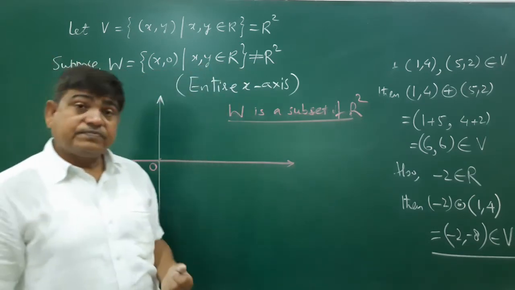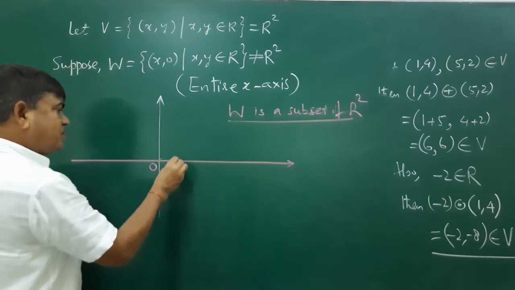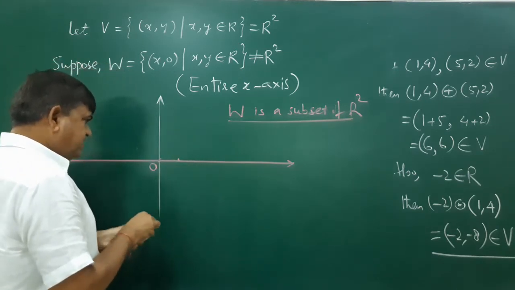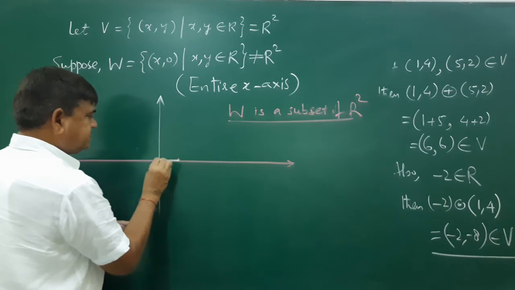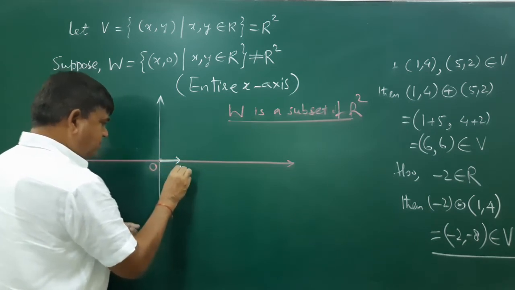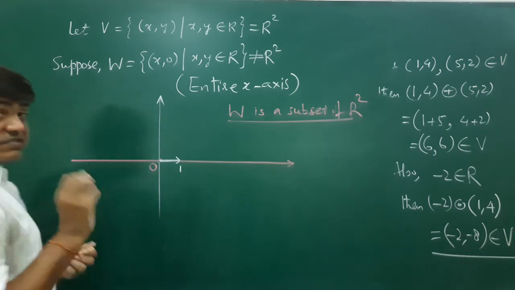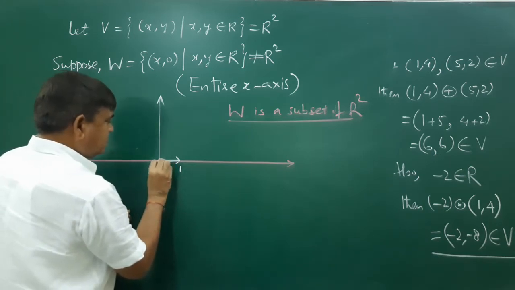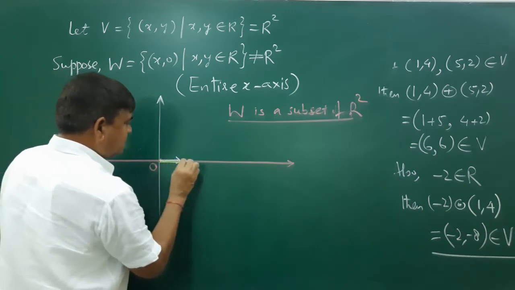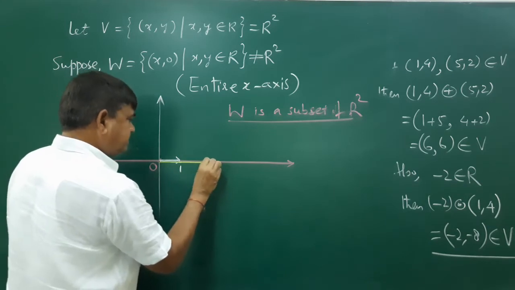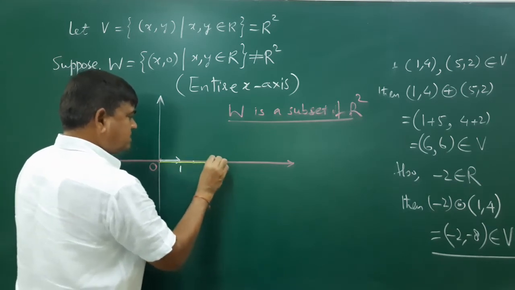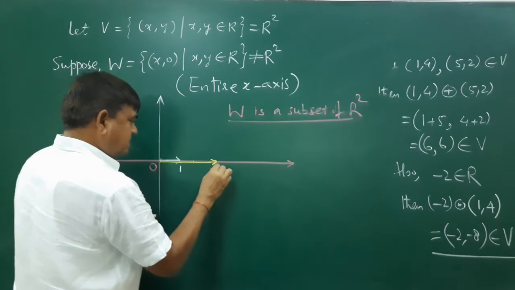Now the operation: you consider any 2 points. Suppose I consider one is this, here it is 1. The second one I consider is this yellow one, here it is 3.